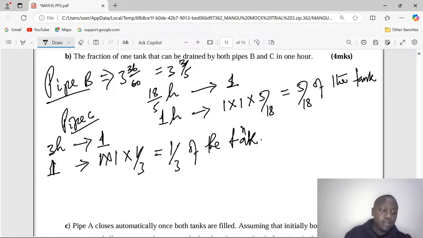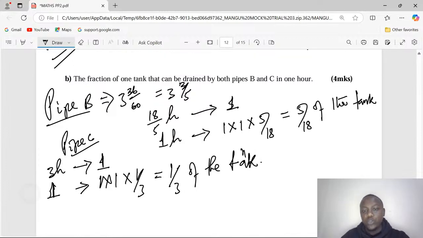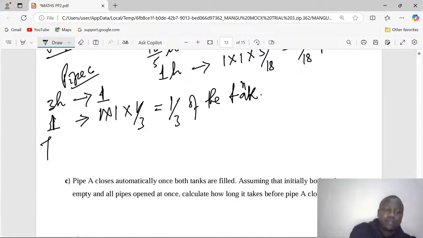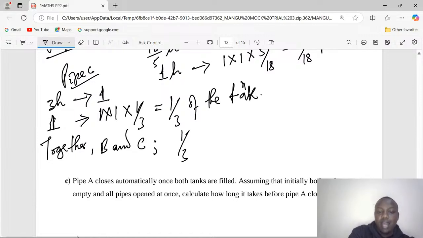Now, what we should ask ourselves is, what about when B and C are functioning together? So together, B and C, it will be a third, and the other one is emptying 5 over 18 of the tank.